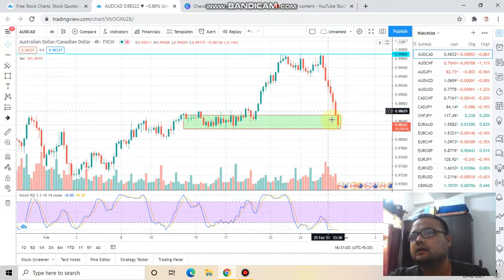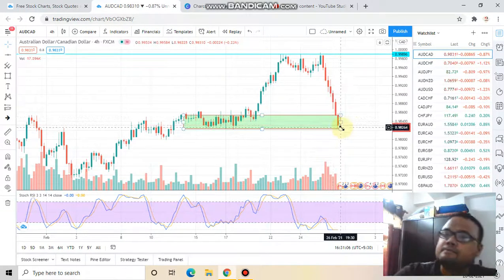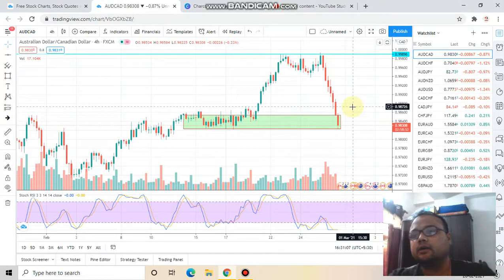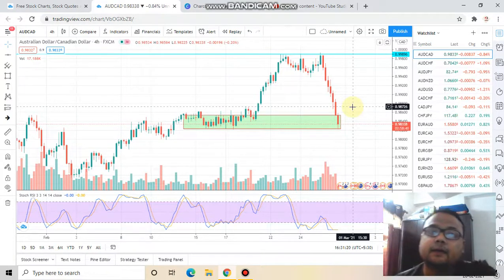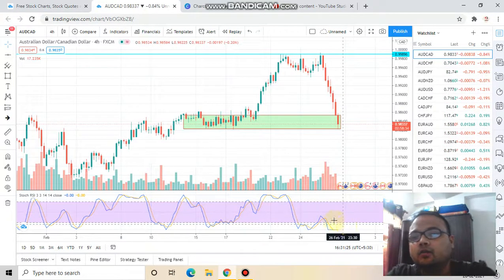If the market gives you a good reversal, with a good amount of buying power by the bulls, then you can go ahead and buy if you get the correct price. And how will you get the correct price? You will get the correct price only when the market is in oversold zone.